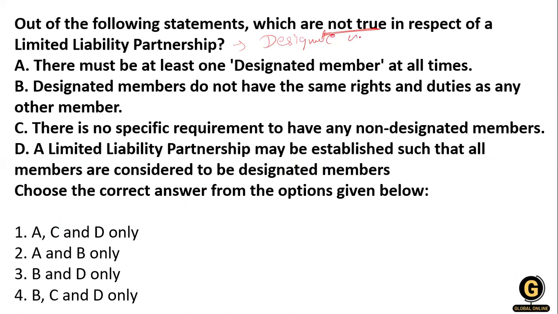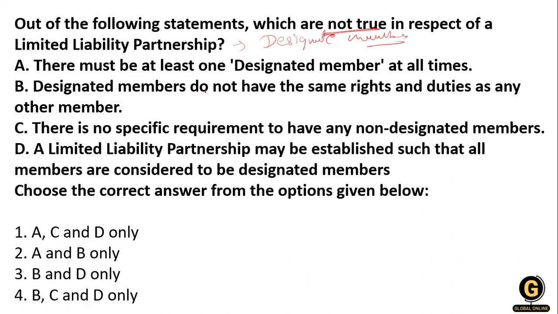Now the question is, what is a designated member? A designated member is the person who has the same kind of right, same kind of duty, same kind of authority as the other members. The first statement says there must be at least one designated member.